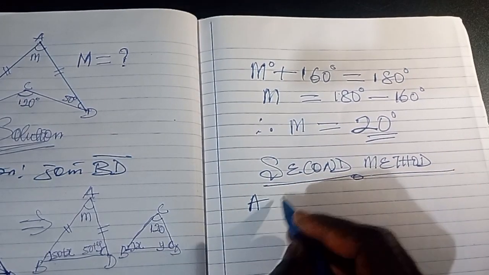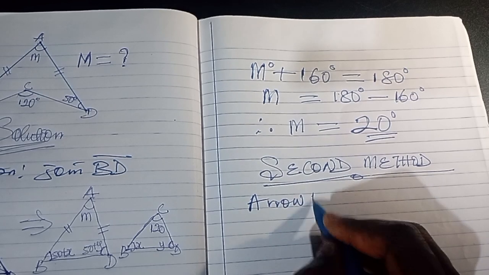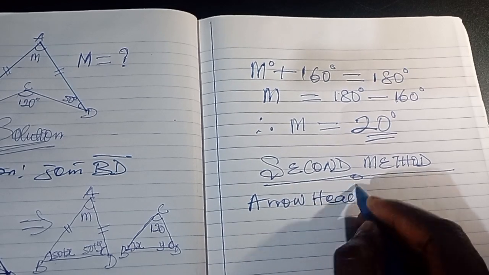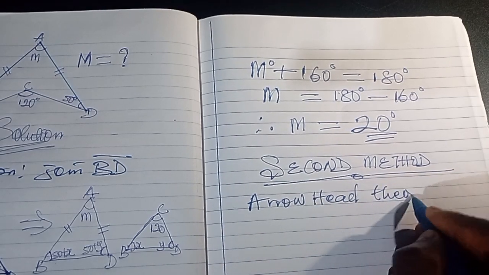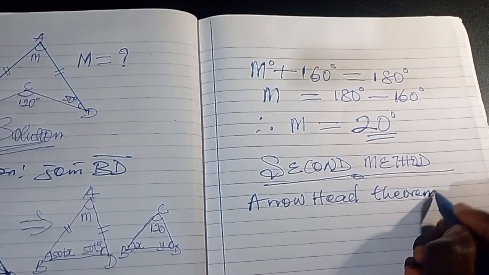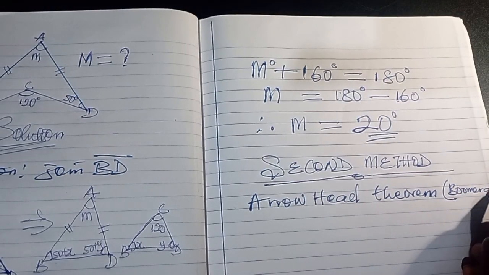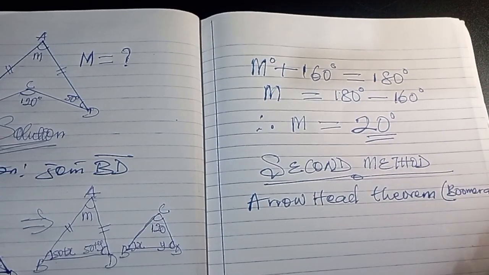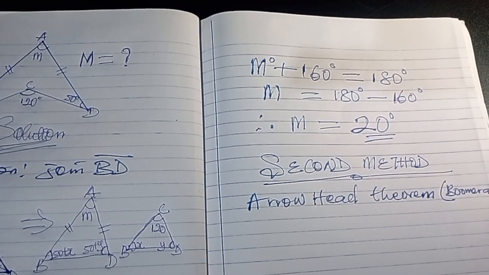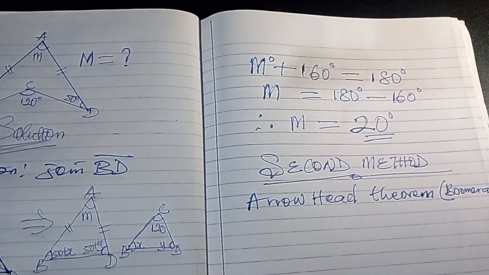Now, second method. We are going to use what we call the arrowhead theorem, that is boomerang. Boomerang or arrowhead theorem.